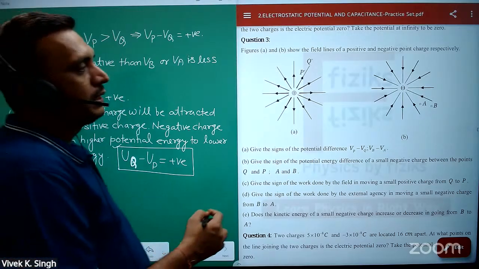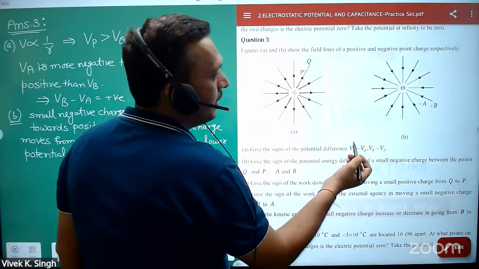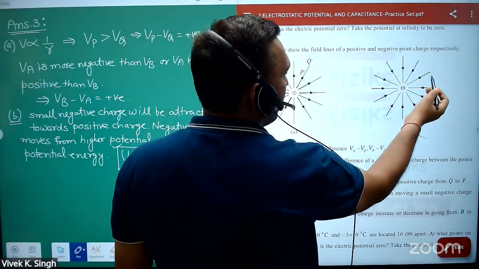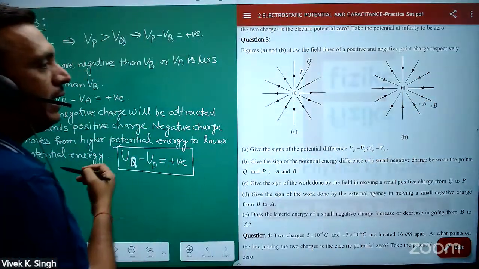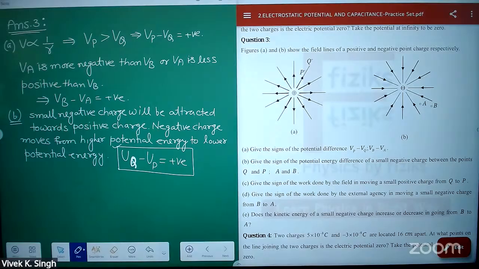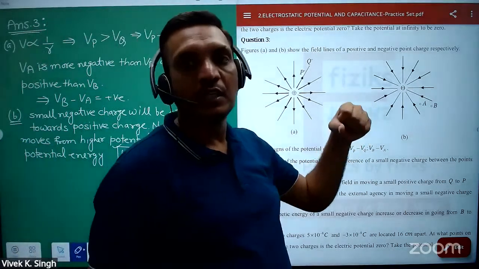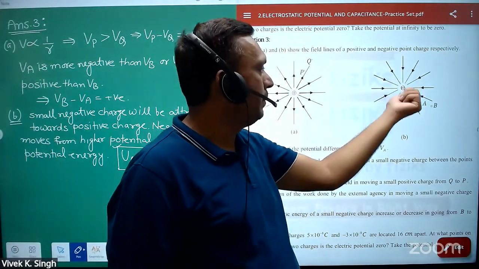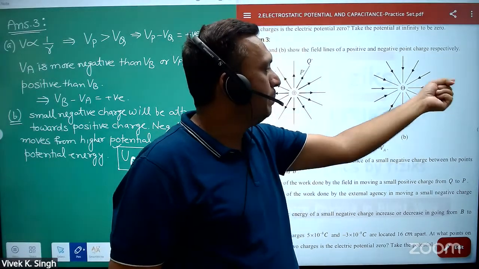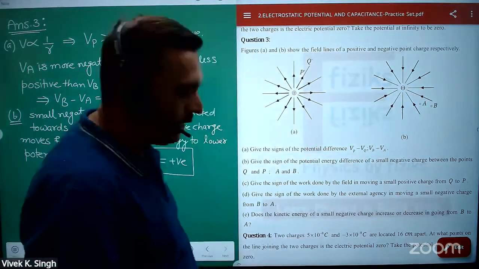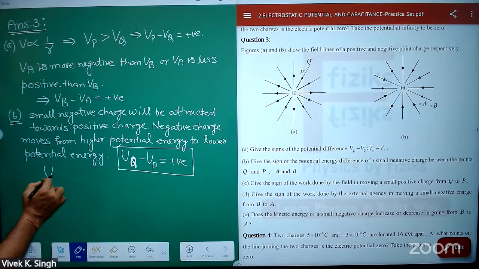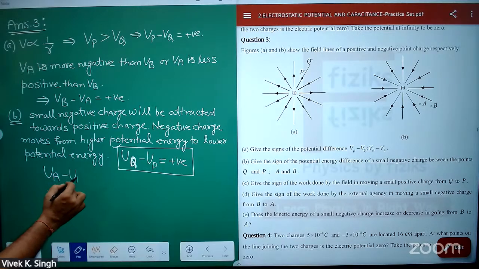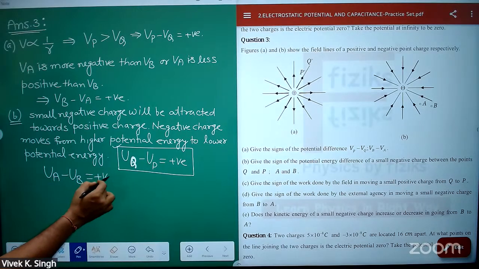And in B part, if you have a negative charge, then you need some external work to place it at point A. At point A, potential energy will be larger because you need to do some positive work to move a negative charge from point B to A. So its potential energy will increase. Potential energy at A is greater than B, so this value will be positive.